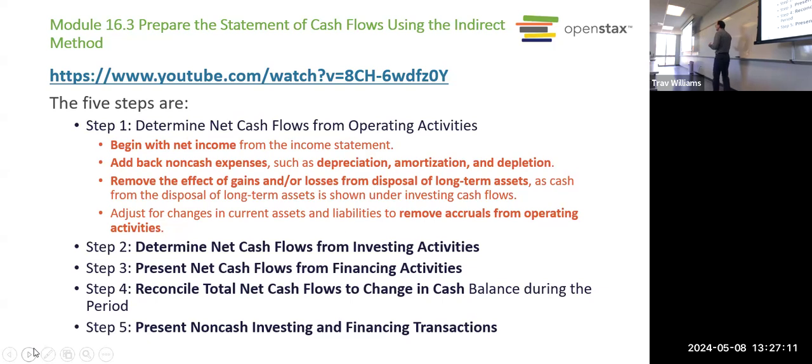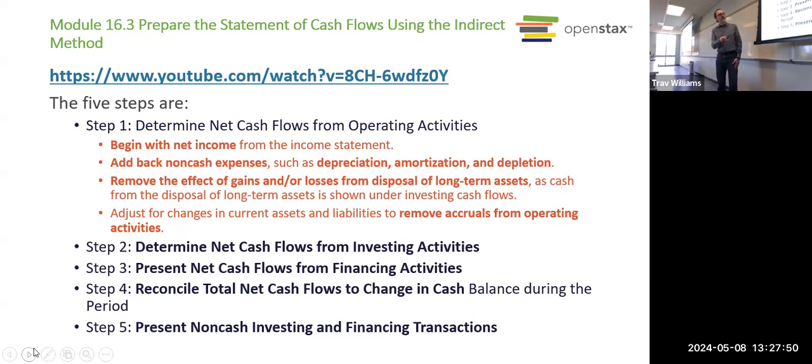So when you sell them, whether you've made a gain or you had a loss, we need to get that out of our operating cash flow calculation because it's an investing activity. So we need to reverse any gains or losses from the sale of assets. If we had a gain, we have to subtract that amount. If we had a loss, we need to add that amount. And this is one of the adjustments that'll help us figure out our net cash flow from operations using this indirect method.